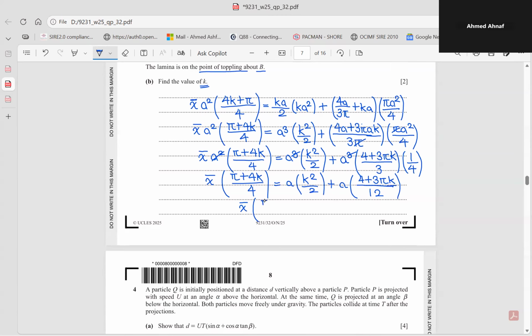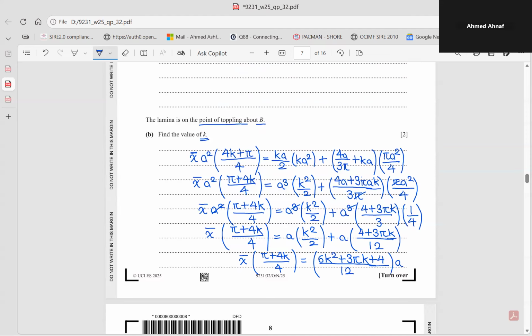So x bar I plus 4k over 4 is equal to 12. Okay, so 6k squared plus 3 pi k plus 4 times a.